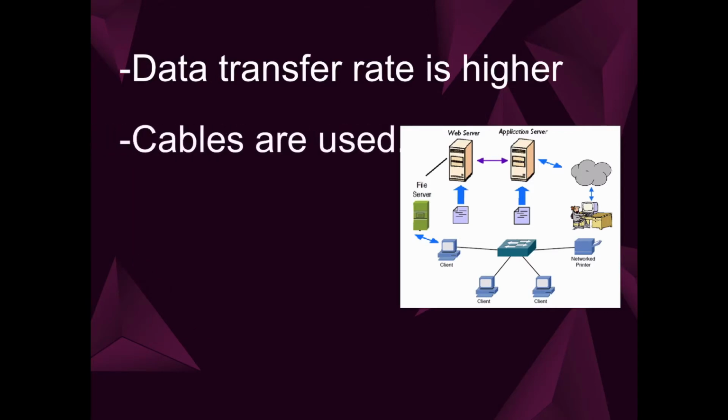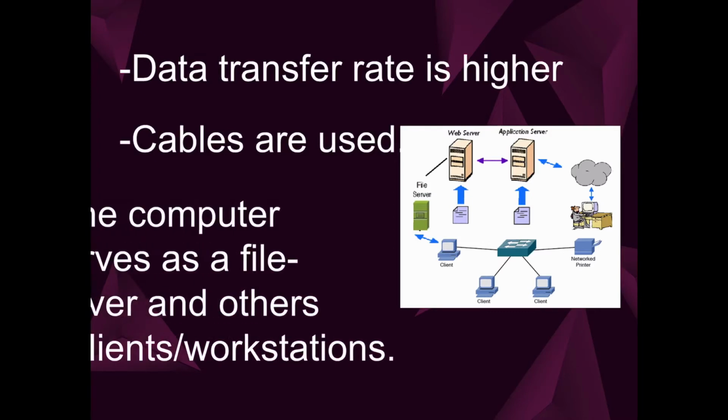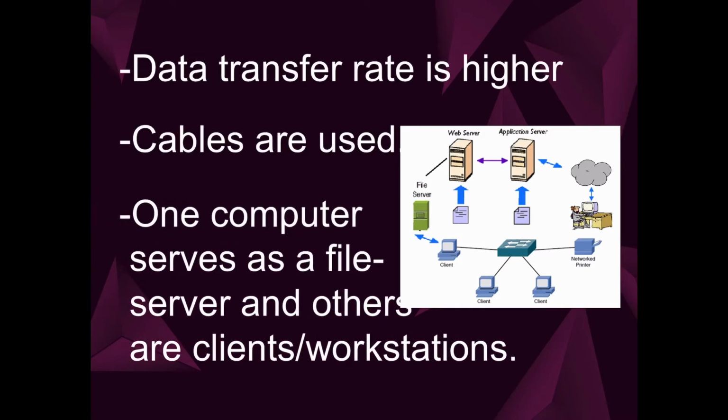Different types of cables are used in a local area network to connect or link the network interface cards in individual computers. In a LAN, there is typically at least one computer which serves as a file server. All other computers attached to it are nodes or workstations.